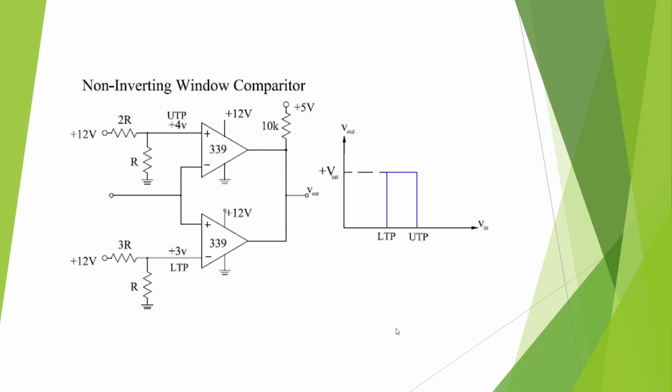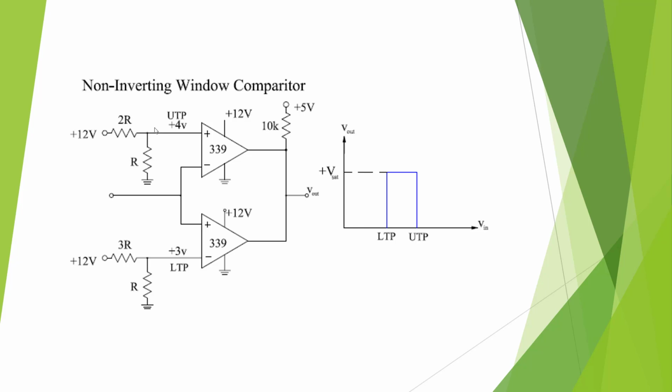Here we have another non-inverting window comparator based on the 339. And what we have here is a voltage divider. Okay, so we have 2R and 1R. So if we have 3 into our 12, this guy's going to be 4 ohms. This guy's going to be 8 ohms.